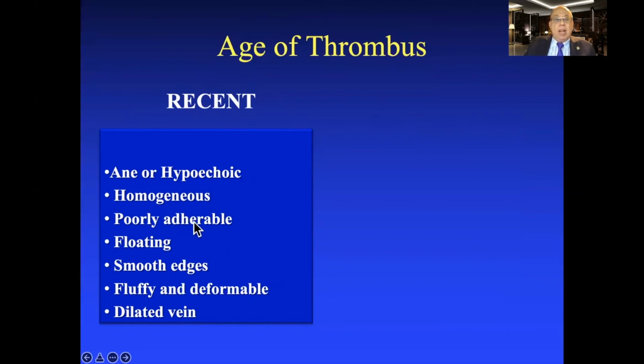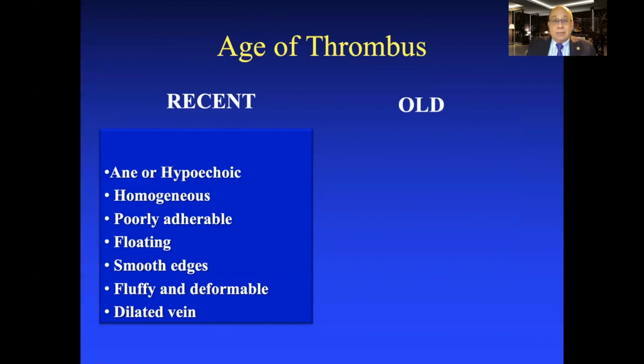It's poorly adherent. The thrombus floats. It's a floating thrombus. The edges are smooth. The thrombus is fluffy and deformable. And the vein in a recent thrombus is dilated and painful. This is very characteristic, dilated and painful.